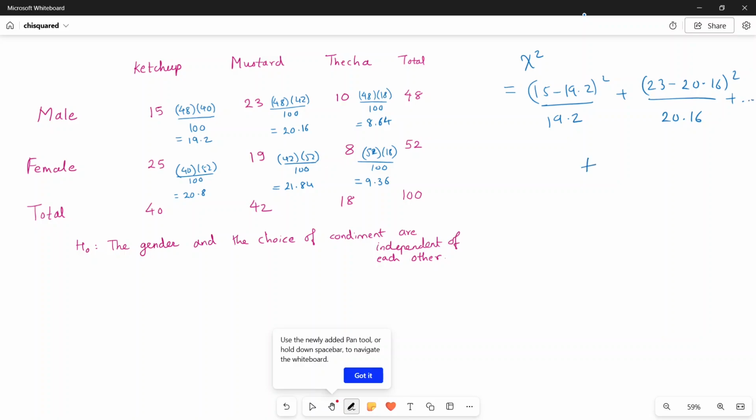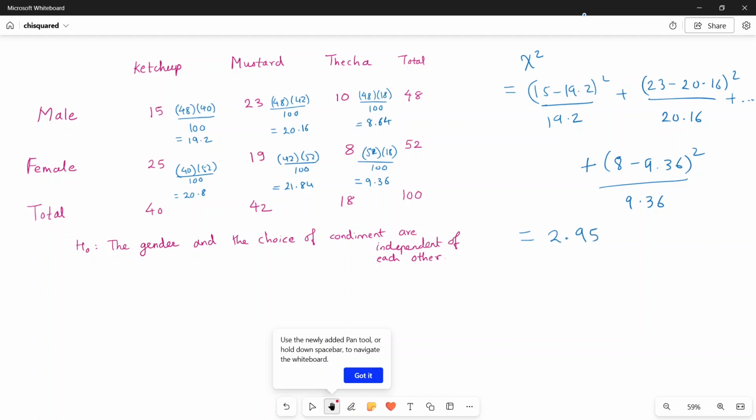I'm not writing for all 6 cells; I hope you get the gist. For the last cell, it will be (8 minus 9.36) squared divided by 9.36. Likewise, we'll calculate for all 6 and take the sum, and this sum comes out to be 2.95.